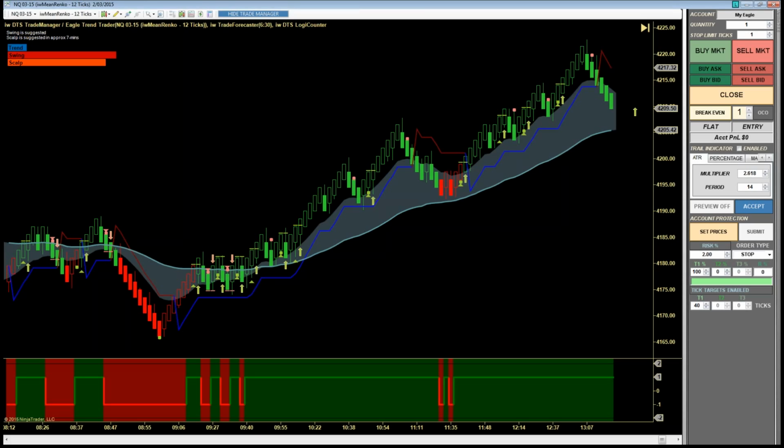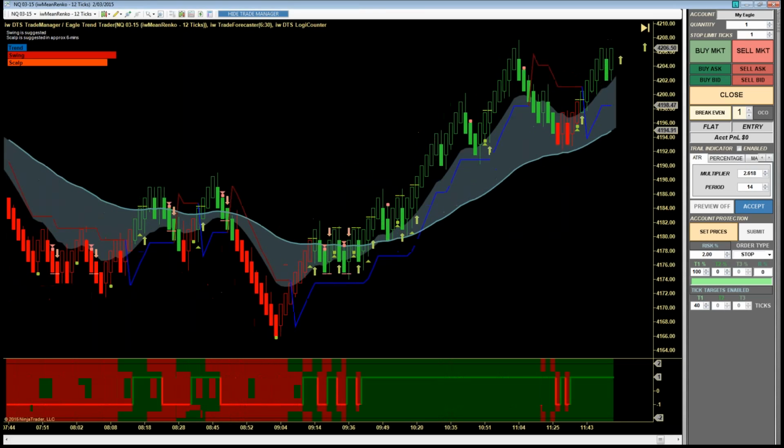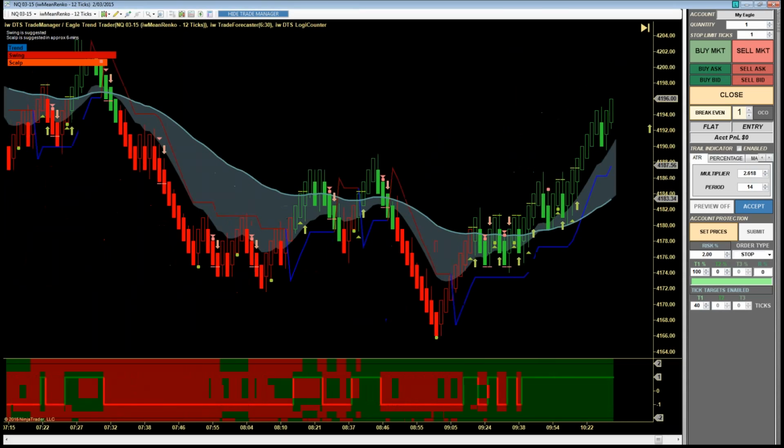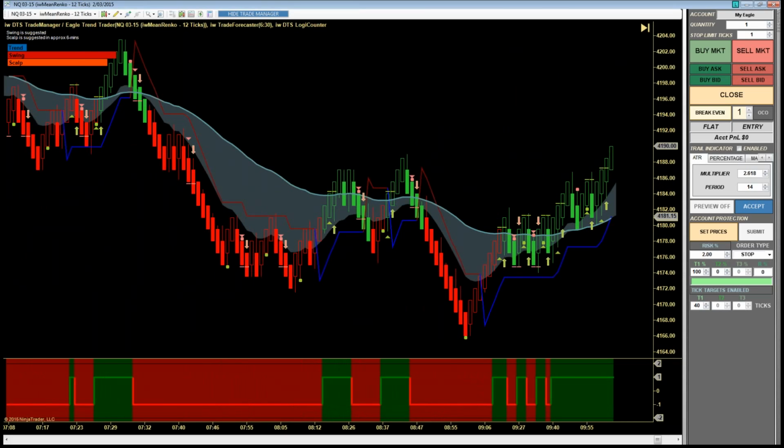So it looked here for a moment that the sellers were going to take control of the market, but then the buyers jumped all over them and actually fulfilled the trade parameters for a trend and gave us a green buy signal. Very, very strong signal in the Eagle, and you can see that had a very nice result, very high probability signal.